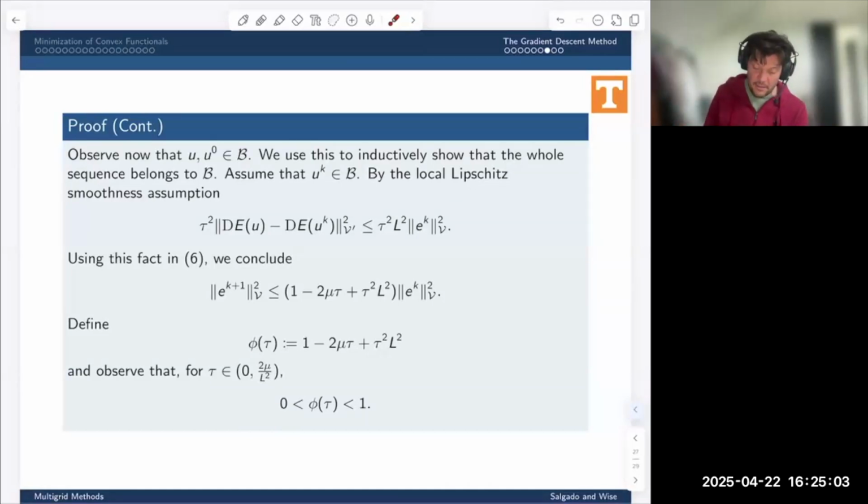Notice that, let's see, if tau is equal to 0, what do we have? Tau is equal to 0, then this becomes 1. And okay, so let's see. I thought that that was easy. Let's see if I can convince myself that it's so.